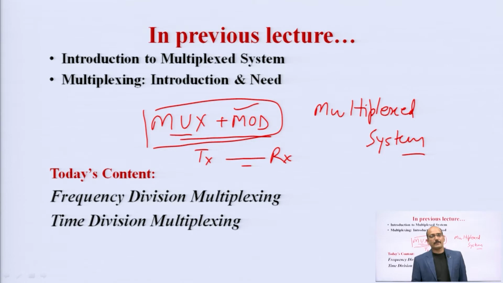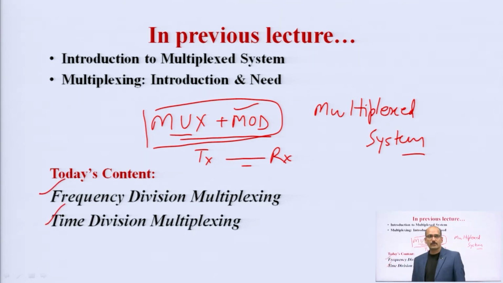In the previous lecture, we discussed the introduction to multiplexing, how multiplexing has to be done and why it is required. In this particular lecture, we are going to concentrate on the types of multiplexing.